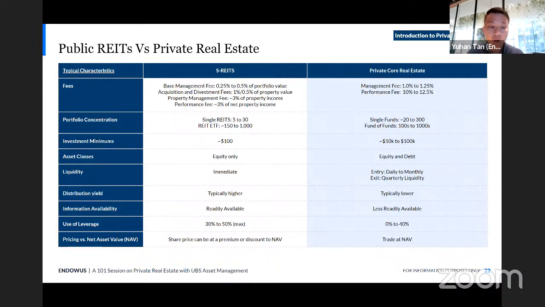In terms of the portfolios, a single REIT can sometimes consist of 5 to 30 or more properties, while a REIT ETF could have maybe 100 plus to 1,000 properties. On the other hand, private real estate funds typically have about 20 to around 300 properties, while a fund of private real estate funds can have properties numbering from hundreds to thousands.